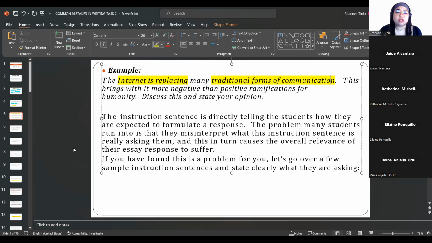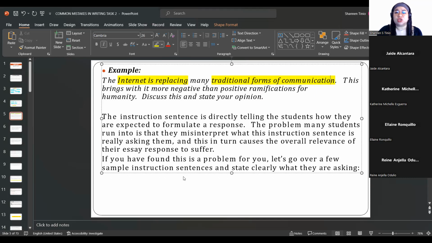Very few individuals are now using telephones. Are people still using fax? Are you familiar with fax? Yun yung pag in-email mo yung letter, it will be printed in any other country. But I don't know if people still use it these days. I feel like hindi na.